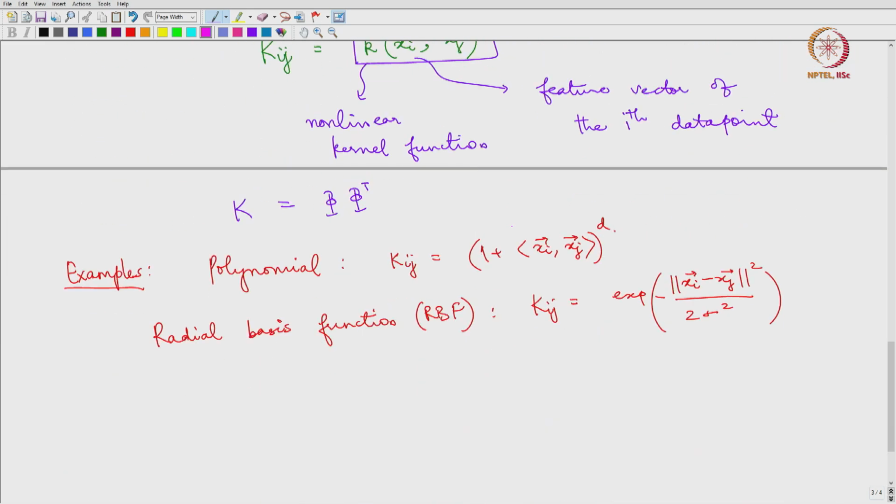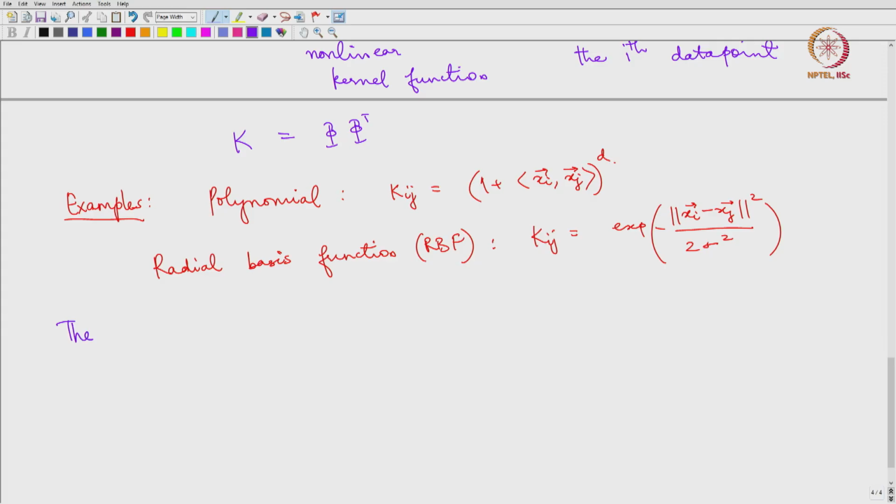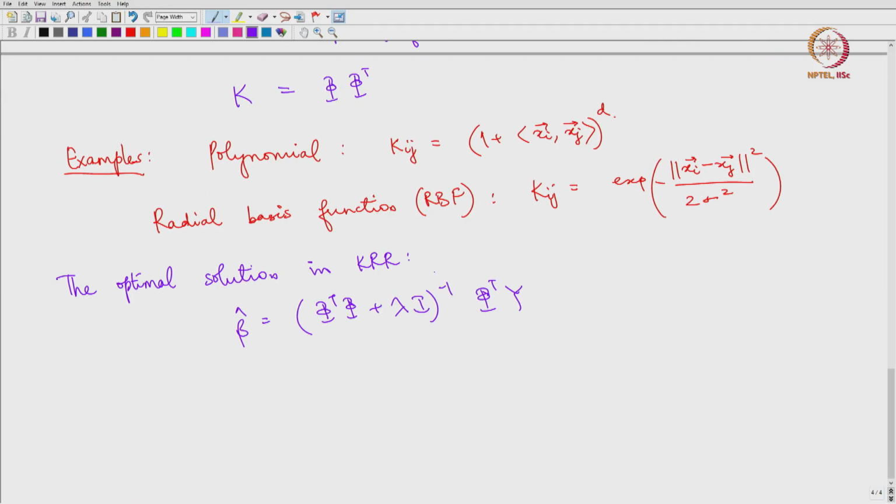So, the optimal solution in KRR, in kernel ridge regression, for the weights is given as beta hat equals (phi transpose phi plus lambda I) inverse phi transpose capital Y. Now, so far everything seems just like linear regression, but this is where all the novelty happens, whereby you are able to introduce non-separable kernels like this, functions which can't just be written as products of some function applied on the ith data point and features of the jth data point.